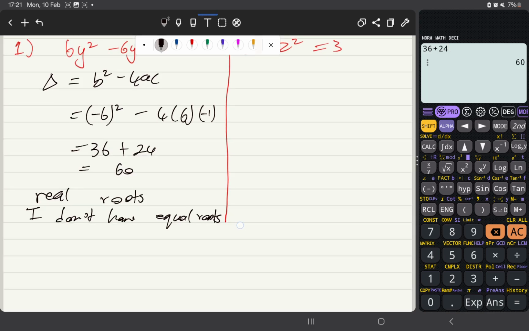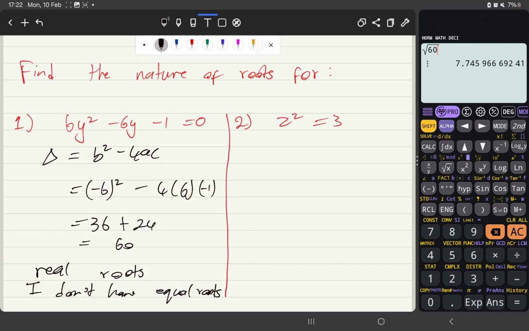For me to check that, I'm just going to find the square root of 60, and the square root of 60 is some irrational number, 7.745, blah, blah, blah. So you already see you're not going to have a rational number if you find the roots of that equation. Whatever the roots are going to be, they're going to be irrational roots, right?